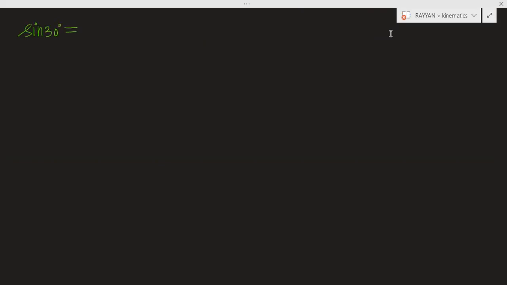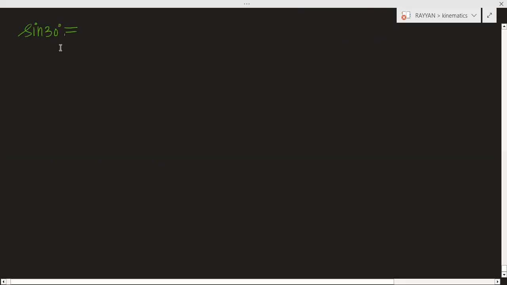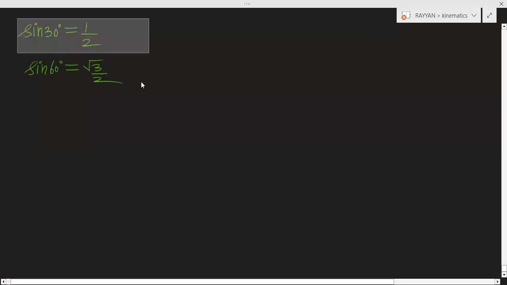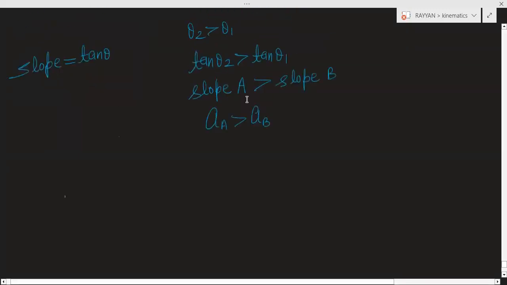Do you know the value of sine 30 degree? It is 1/2. Sine 60 degree is root 3 divided by 2. Okay, no problem. Separately I have to take a lecture on this.